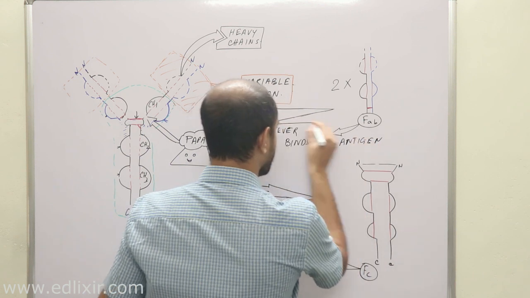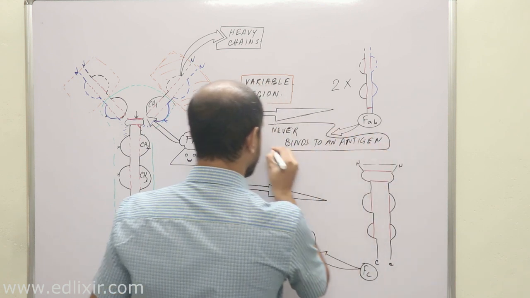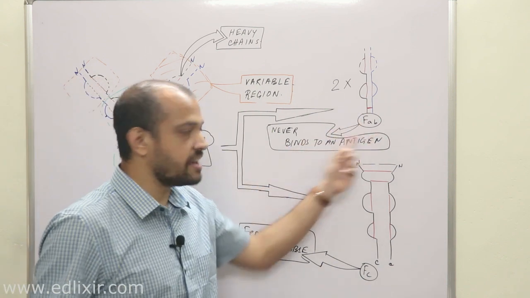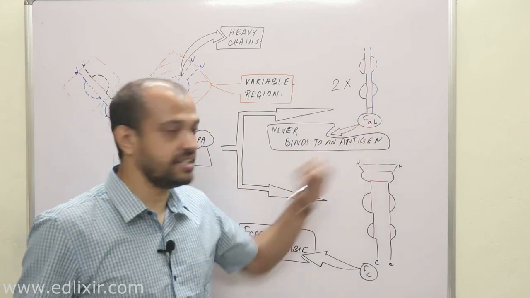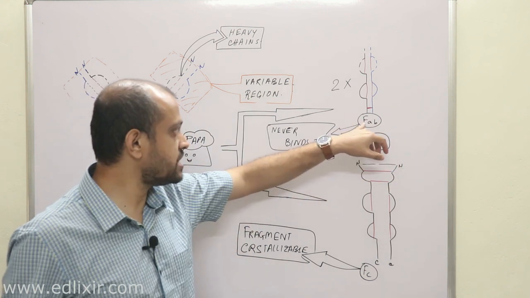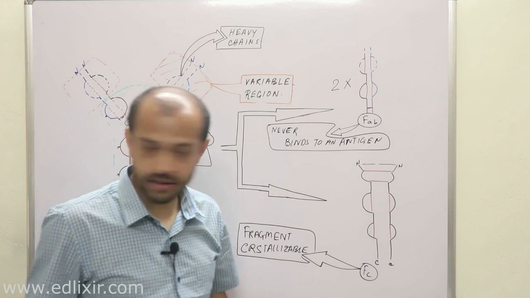Clear? This FAB portion never binds with an antigen. Now listen, this FAB stands for fragment antigen binder, or fragment antigen binding. Clear? It is known by the name of fragment antigen binding. Clear? Okay.